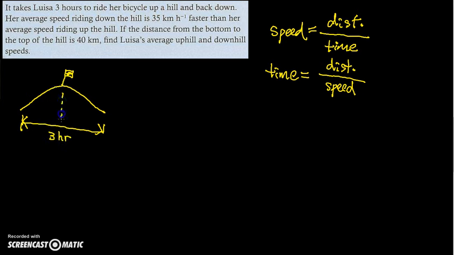Of course, when we go up, it's going to be slower, so the time going up will take longer than the time coming down. I'm going to put down t up. So the time going up plus the time coming down, t down, is equal to 3.